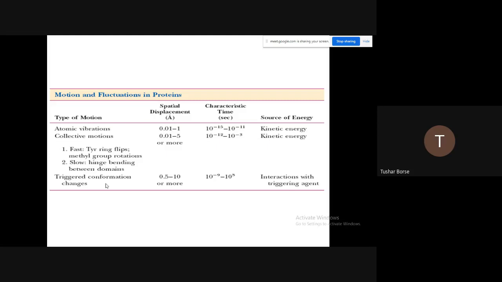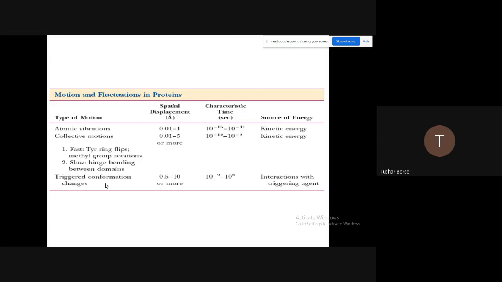So I think you got an idea of what is actually happening in a globular protein. In a globular protein we cannot say everything at once, but you can say that it is dominated by alpha helices or sheets or the combinations, right? In addition to these secondary structures, you have some other regions which do not have any helical or sheet structure. They could be ordered, they could be disordered, but they give some specific characteristic to your protein.